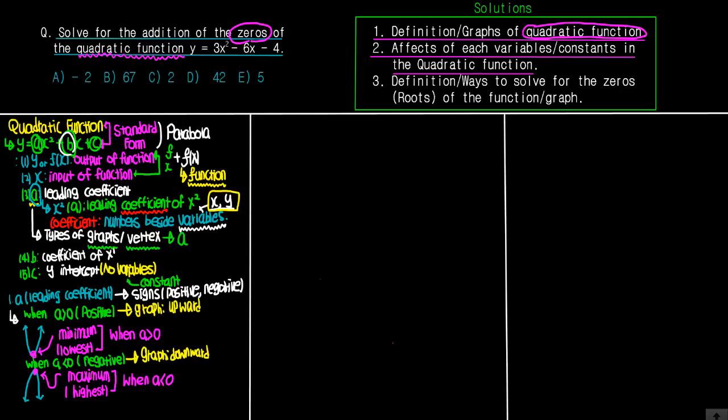So from here we might think about the definition of our vertex. From these two things, our definition of the vertex, which is the most important thing in our quadratic function system, will be the minimum point or the maximum point. That means the vertex will depend.